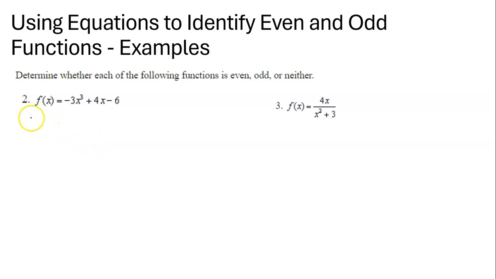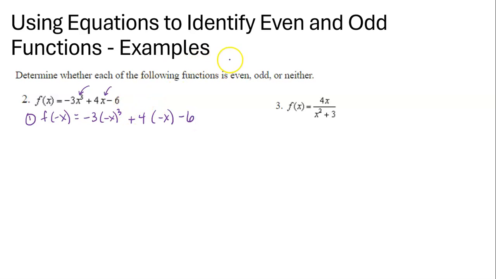Okay, same deal. First step, first and only step: find f of negative x. So I'm going to plug negative x into each of these. So I have negative 3 times negative x cubed plus 4 times negative x minus 6.